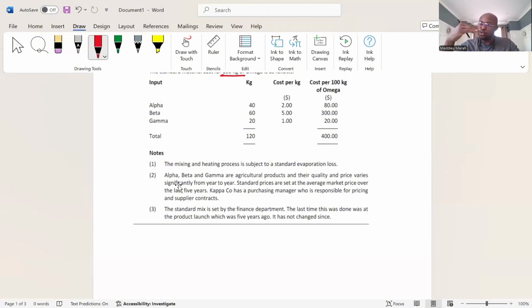Logically, as you're reading the question, you know that this does not have any relationship to our variance calculations. But remember, this is a professional paper. You have some commentary. You have to analyze your results. You have to justify the performance of the management. You have to give recommendations. So we are expecting the requirement to throw light on these notes we are reading now.